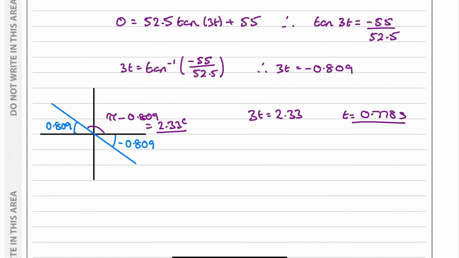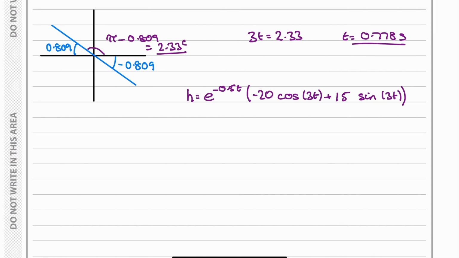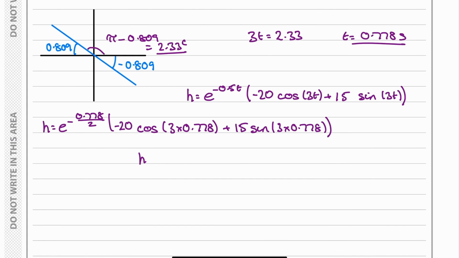If we go back to the question, now we have our value of t, we can substitute that into h to find the maximum vertical displacement. So we've got the equation for h, we'll substitute in this value of t, and we'll get h is 16.71 centimeters.